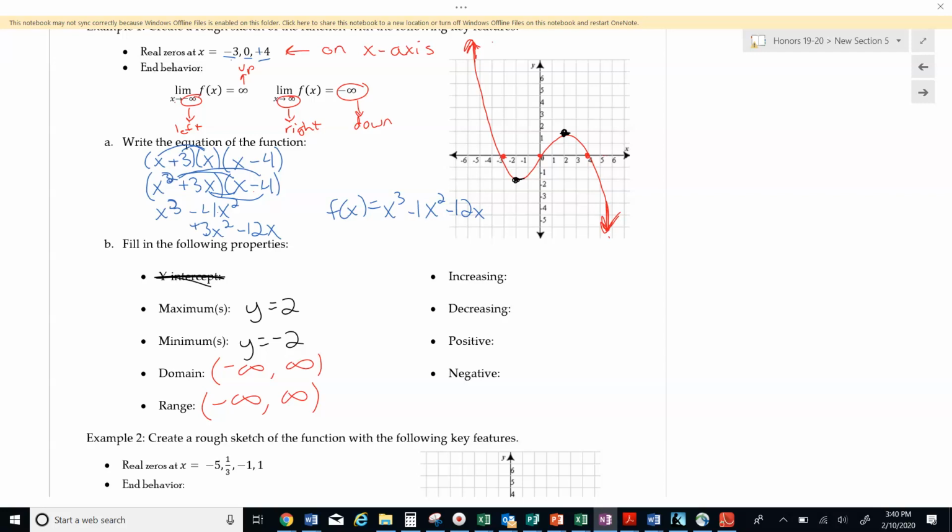Increasing. Remember, with increasing and decreasing, if you do them at the same time, it's easiest, and you're just kind of deciding where things go. So I'm going to start at -infinity. I want to eventually get to positive infinity, and I'm going to stop at my important points along the way. For increasing and decreasing, my important points are maxes and mins.